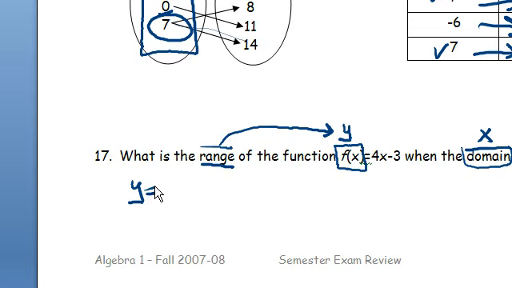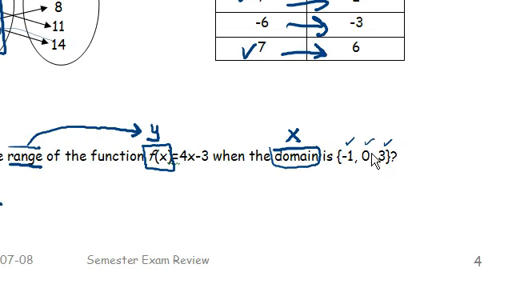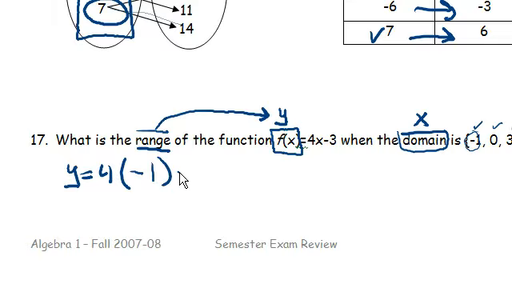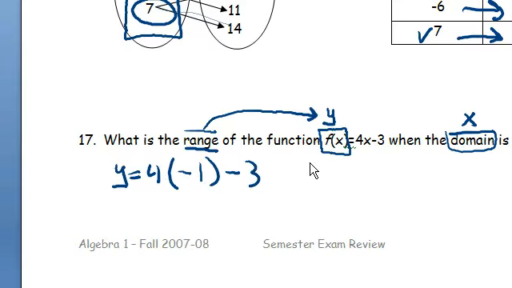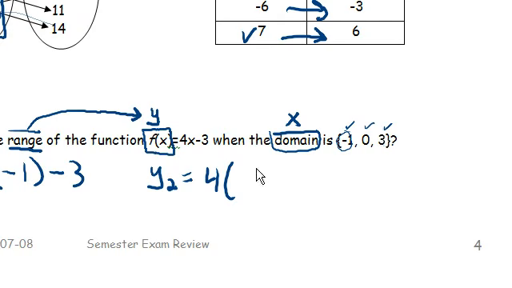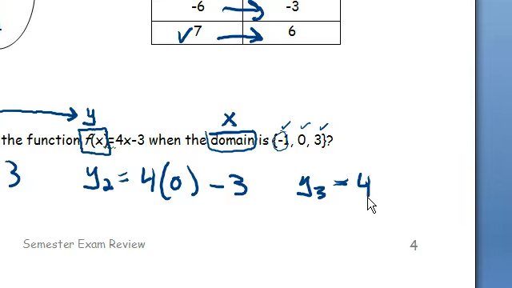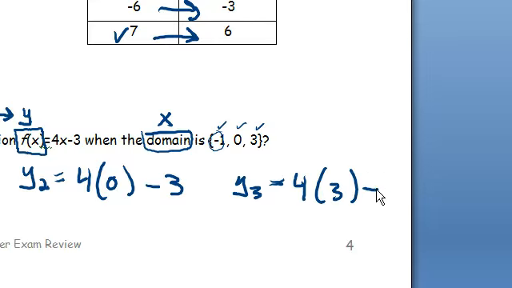We go y equals 4 times, I'll use our first one here, -1 minus 3. That'll be our first value here. Our second value here will be 4 times 0 minus 3. And our third equation here will be 4 times 3 minus 3.